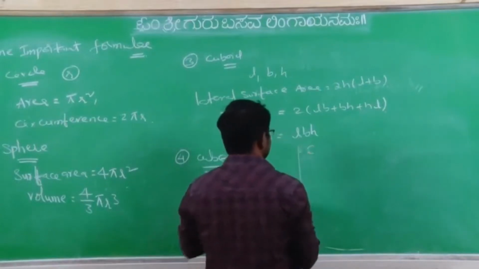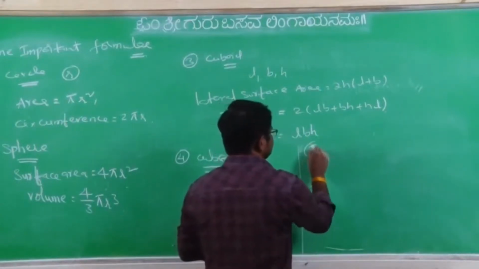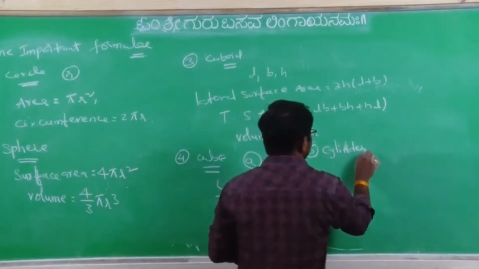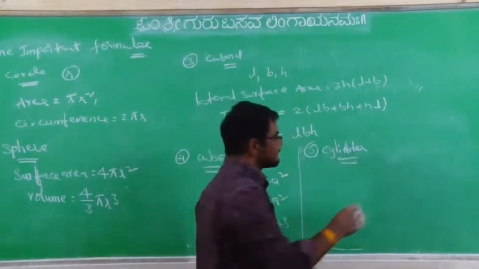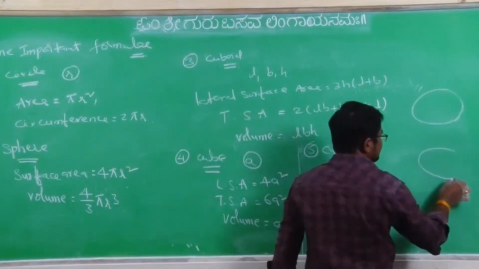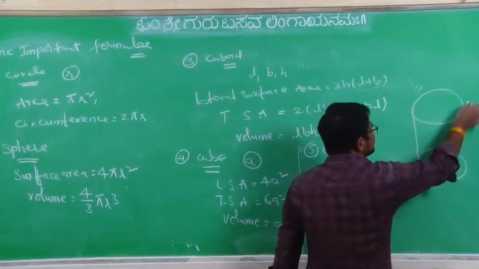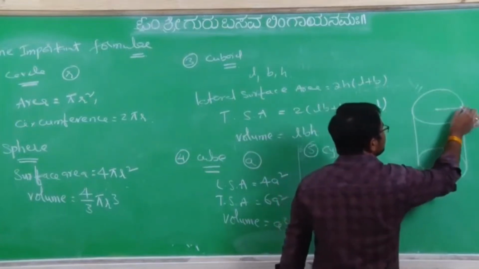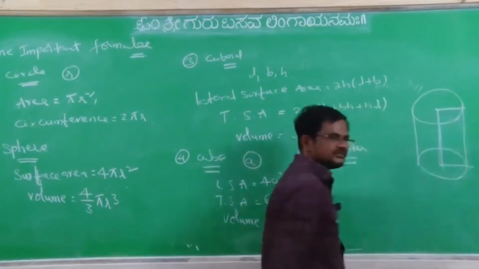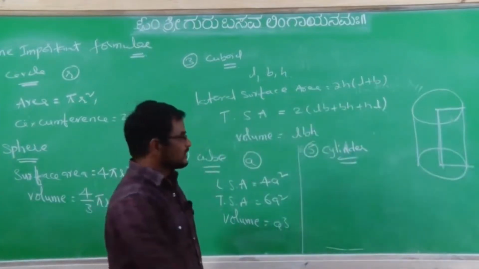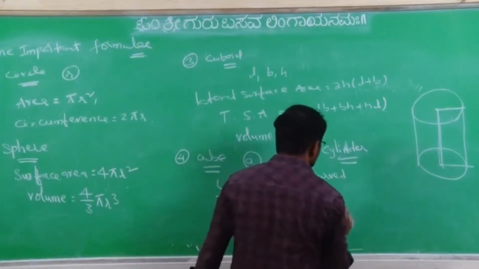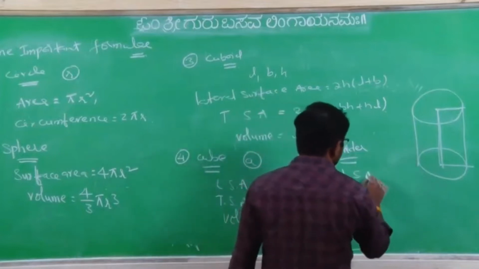Next, the fifth one, cylinder. So this is the height, this is the radius. Lateral surface area, or curved surface area.